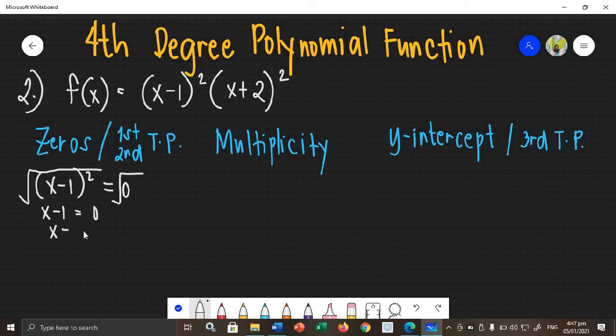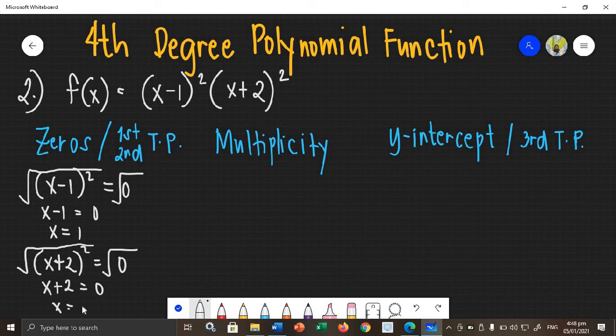And then, transpose lang natin. So, we have now 1 as the first 0. And then, the second one, ganun lang din, same procedure. So, we have x plus 2 squared is equal to 0. So, extract lang natin. And then we have x plus 2 equals 0. X is equal to negative 2.